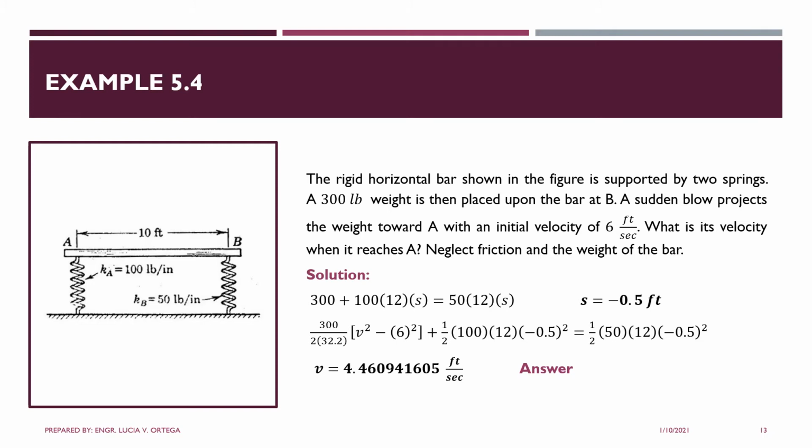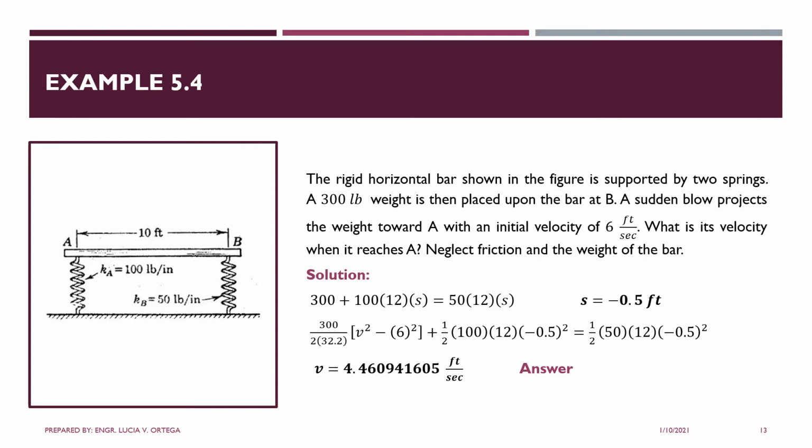It is a rigid horizontal bar, and the applied force is sudden. So when the block is at point A, the forces are 300 plus K, 100 times 12, so that is pounds per foot, times the distance S, the compression of the spring.